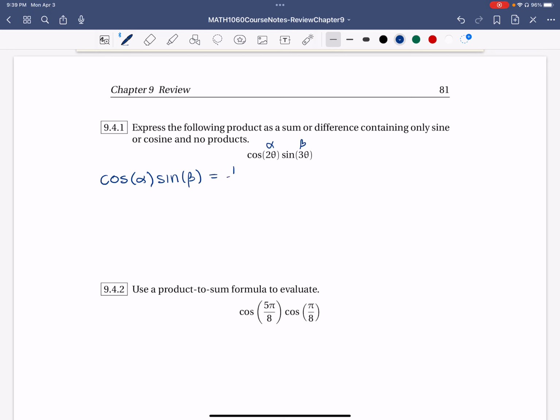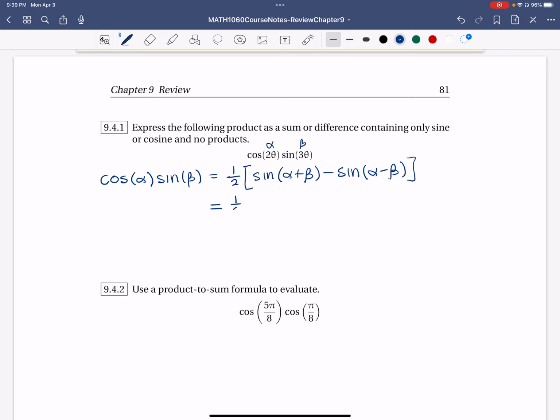We can write this as 1/2, and then we have sine of alpha plus beta minus sine of alpha minus beta. And so next we just need to plug back in alpha and beta in terms of theta.